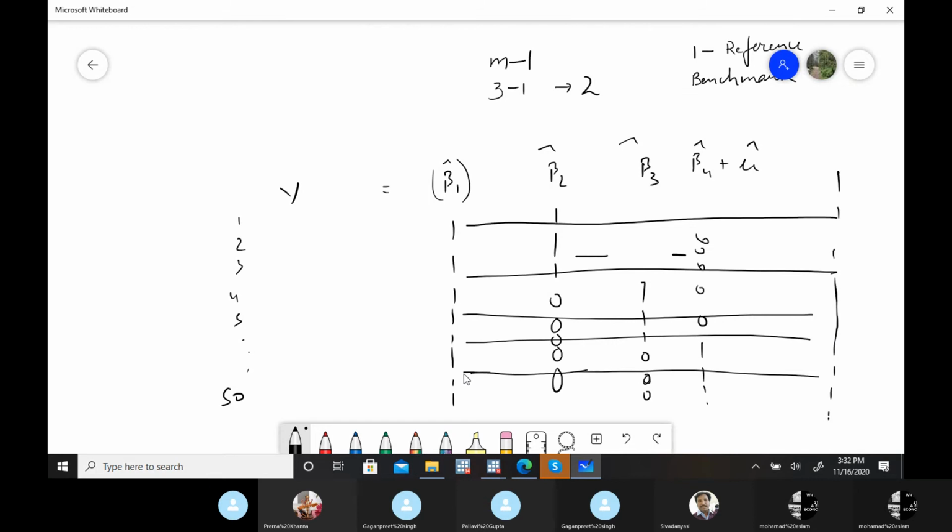I'll take up this multicollinearity topic in the next class. But once we have perfect multicollinearity, your software will give you an error, because in that case it's not possible to estimate these coefficients. The software will not run this regression model because it's not possible to estimate the coefficients if you have the problem of perfect multicollinearity.